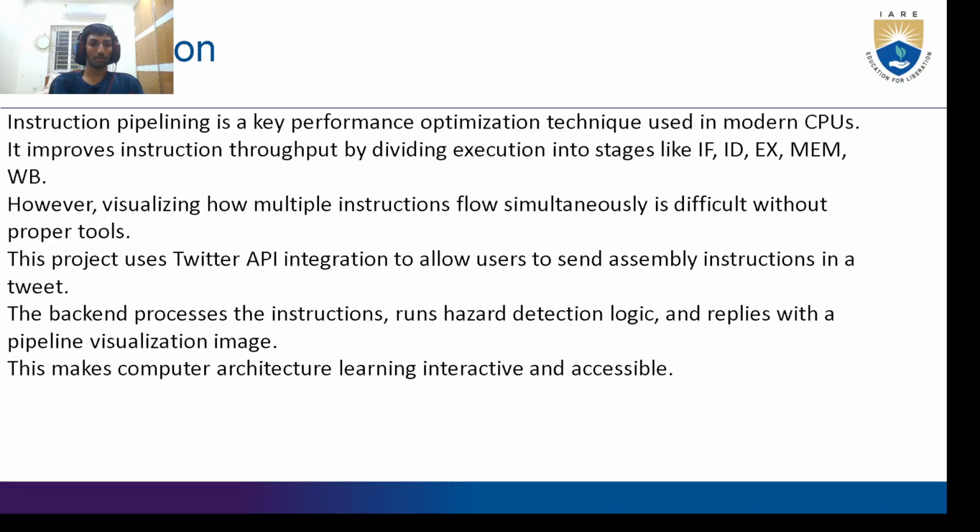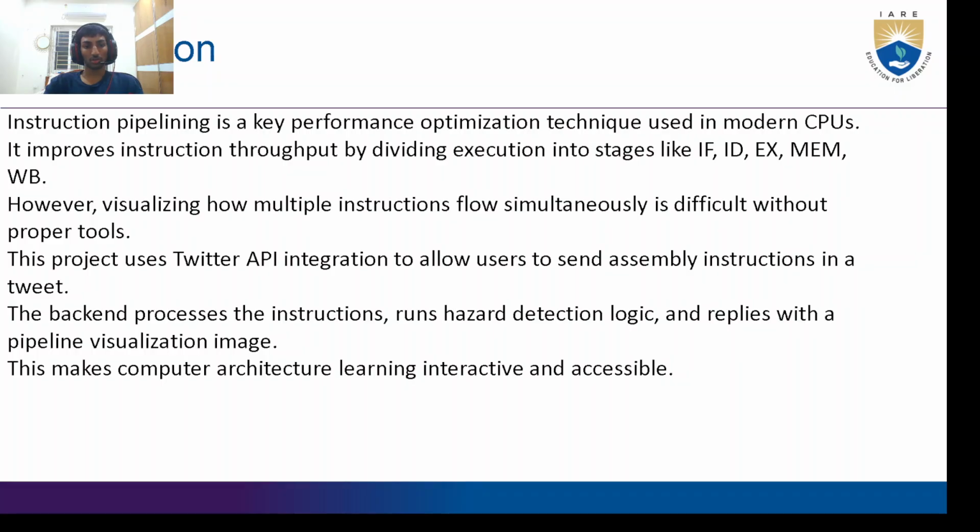It improves the instruction throughput by dividing execution into stages. However, visualizing how multiple instructions flow simultaneously is difficult without proper tools. Hazards like RAW, WAR, WAW, and structural hazards are difficult to understand without visualization.